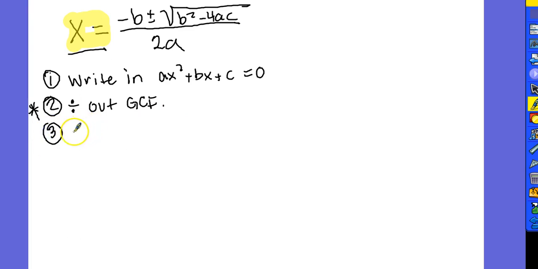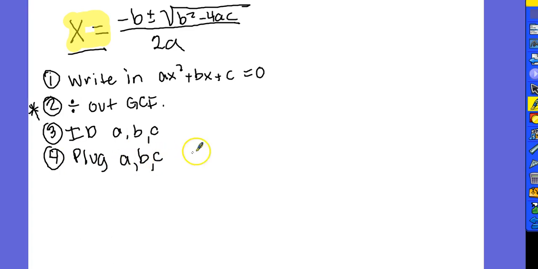Step 3, you're going to identify your A, B, and C. Step 4, you're going to plug A, B, and C into the quadratic formula.